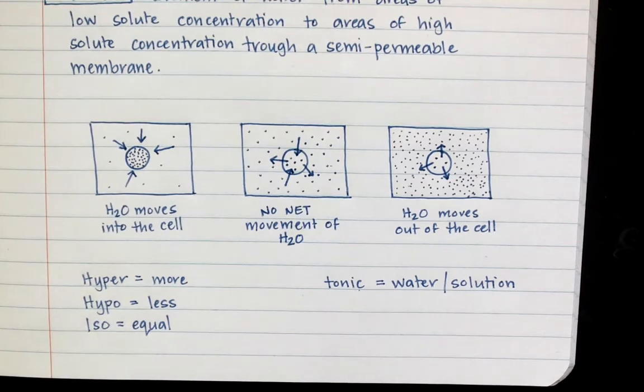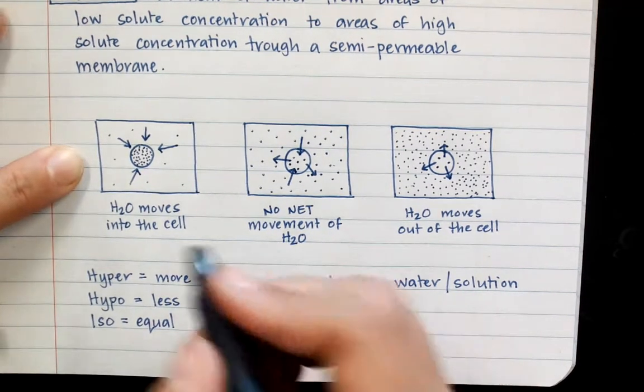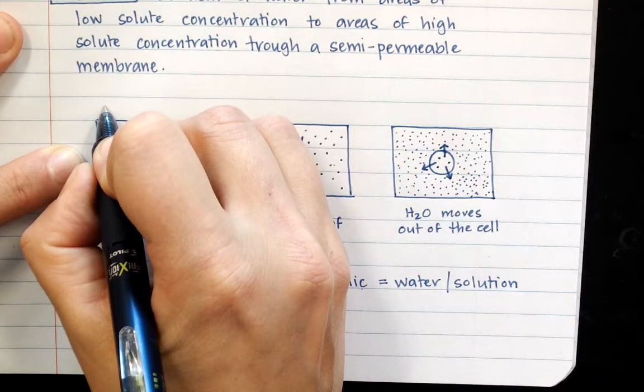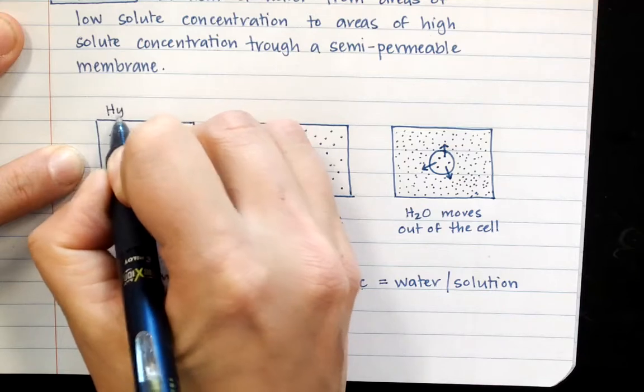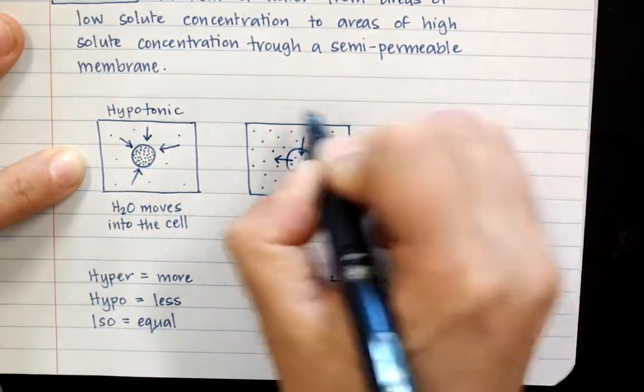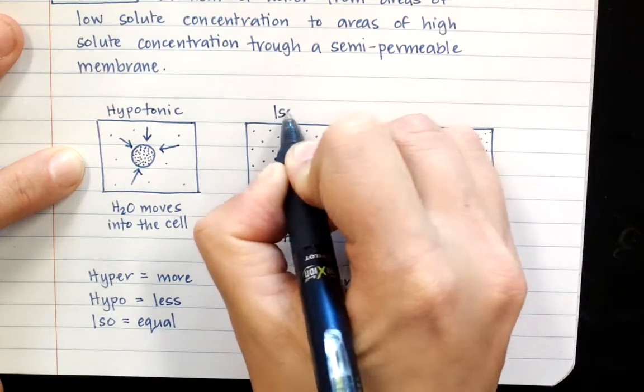So oftentimes it's the solution that we're talking about. So this would be a hypotonic solution. This is an isotonic solution.